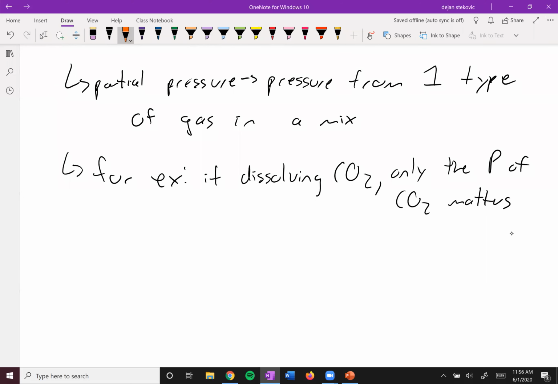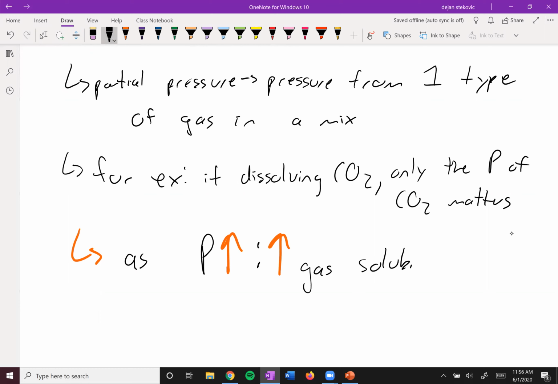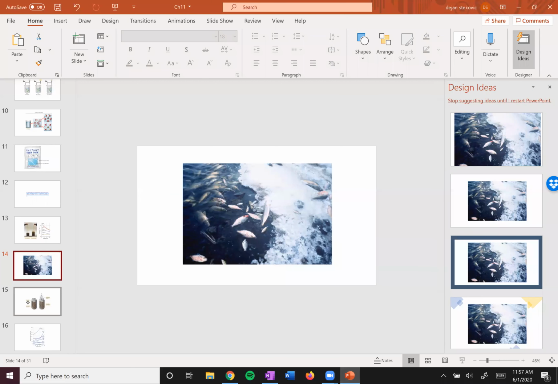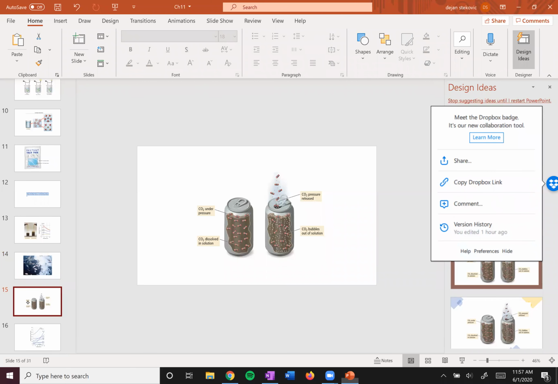And so in general, I kind of gave this one away. As the partial pressure of a gas increases, gas solubility also increases. So here's a picture of an example of that.